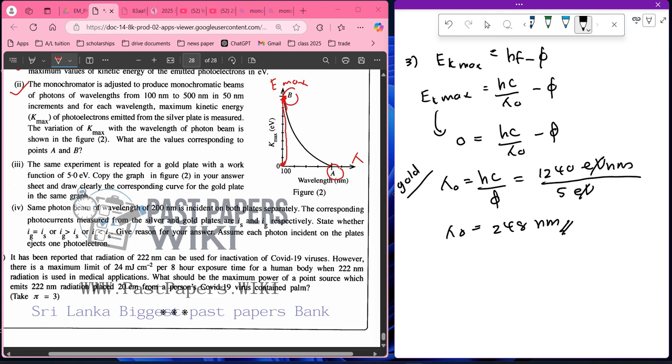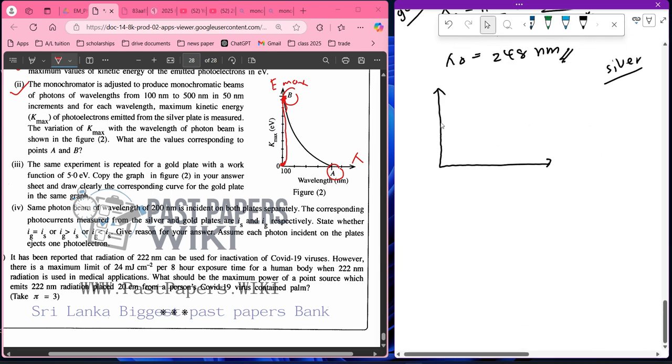Let's draw a graph. For the silver it was 310 nanometers, so the silver one should come in a higher position, and the other curve should come like this. This is the gold plate, this is the silver plate.